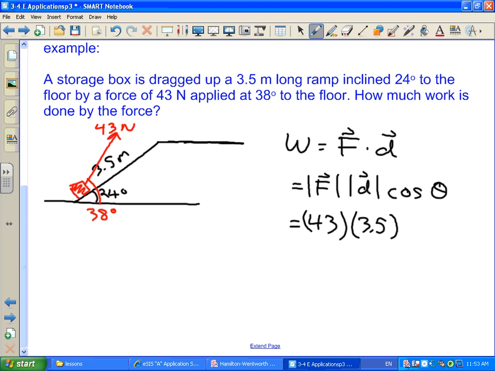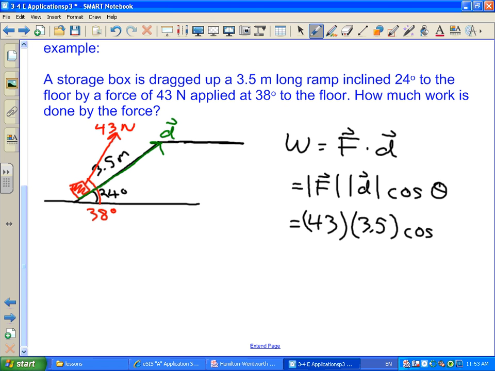Now, what is the angle between this force and this displacement? Well, the displacement works along the ramp here. So our box is kind of going to move just sort of like this. That would be our displacement vector. Okay. It's 24 degrees from the floor.